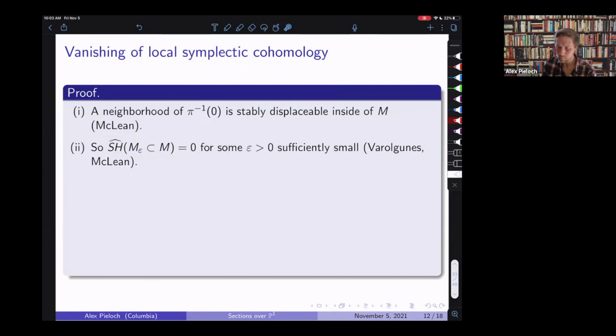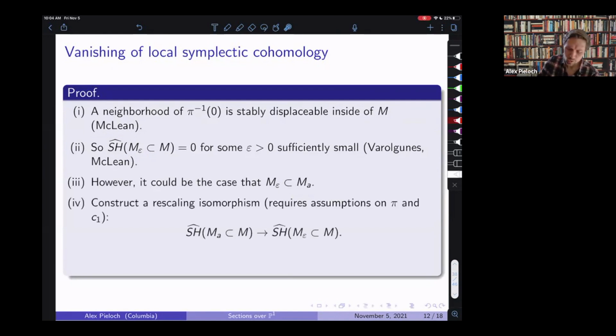Okay, so using this h-principle of Mark-McLean, we get that this local symplectic cohomology vanishes for some very, very small disk. But really we want this vanishing for every single compact subset. So we want it for all inverse images of disks. So what we do is we consider a rescaling isomorphism. We essentially rescale the dynamics on a disk of radius epsilon out to a disk of radius A, and we observe how this changes the local symplectic cohomology groups.